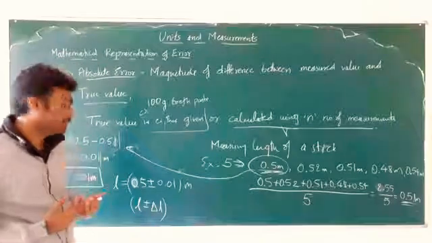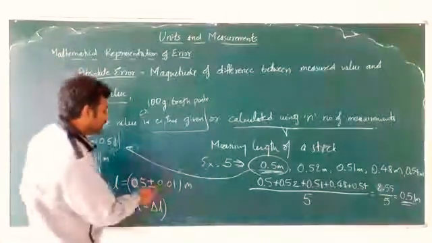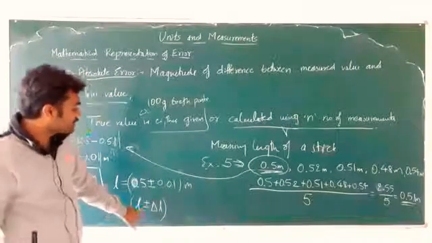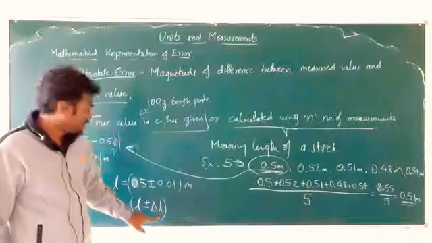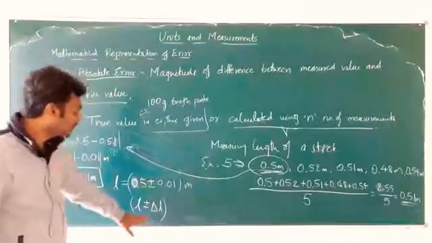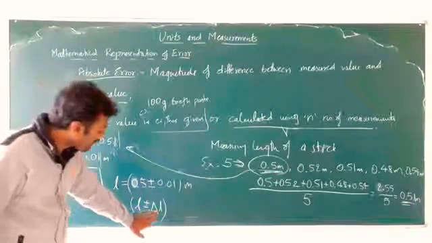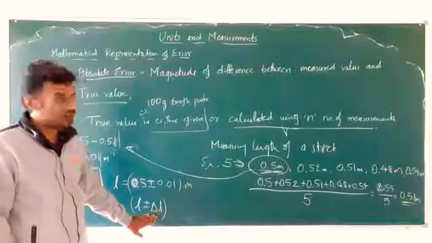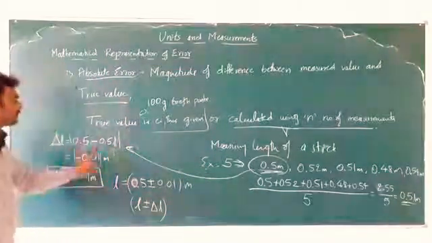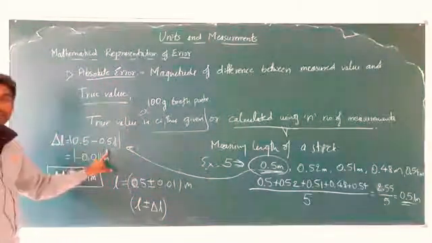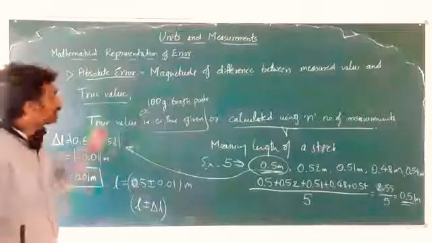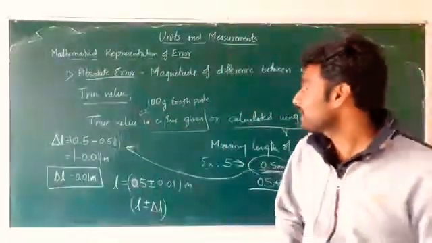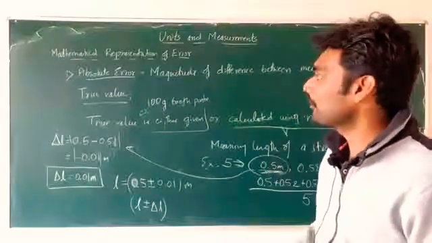So the total representation should be the measured value plus or minus the error. This is how we will represent the error. This error delta L itself is the absolute error, which is the difference of the measured value and the true value. Clear?